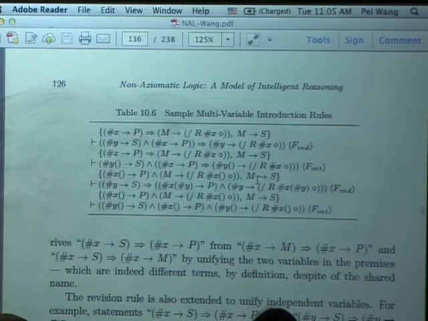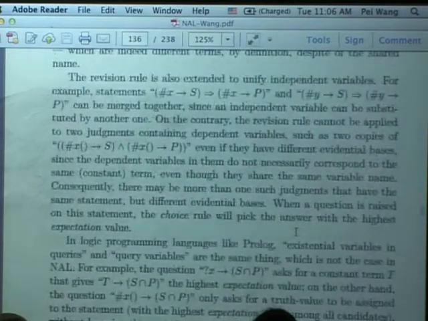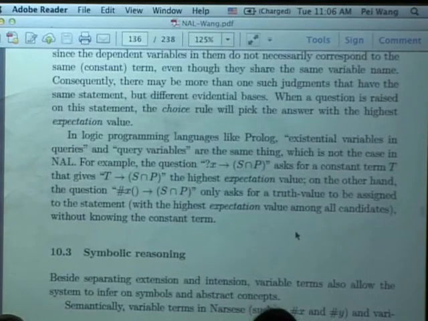Whatever you can tell the system, it can get it by itself, under the condition that you give it proper evidence. So here I show you. This is not very easy to follow, but if you follow it, you will see that this two variable thing can be introduced by the system. All four combinations can happen.